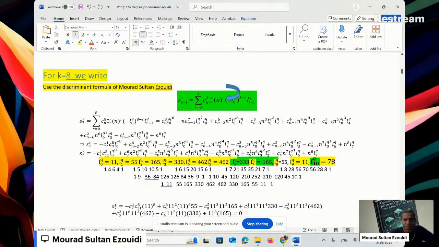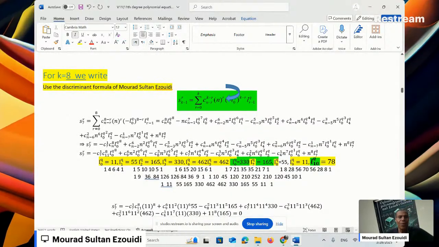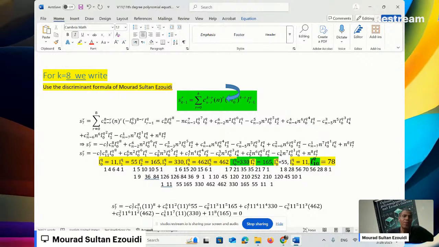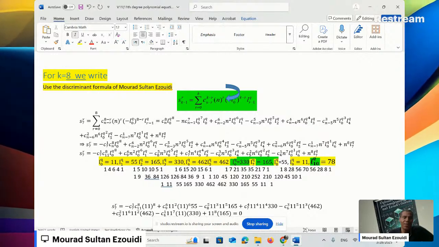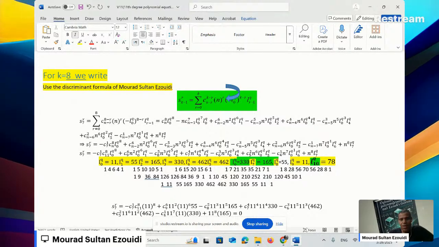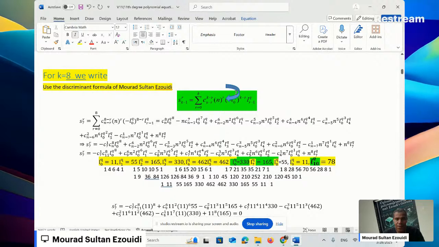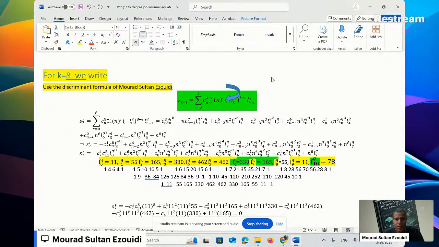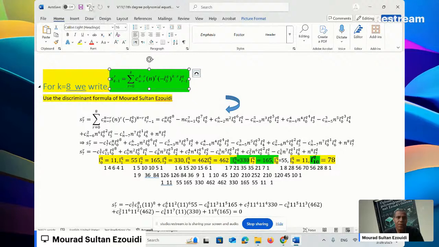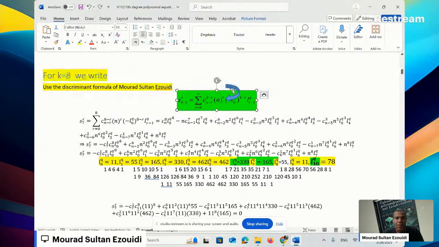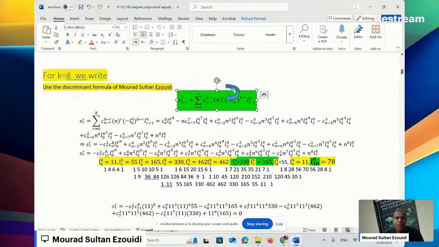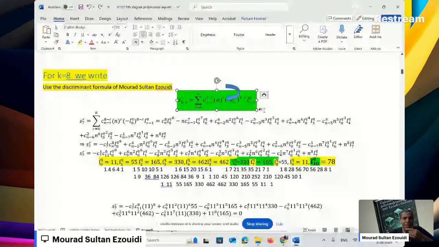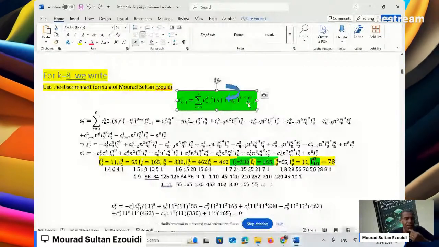Here we want to find a7. To find a7, my kids, you should use the Ezouidi theorem, labeled as the discriminant formula of Mourad Sultan Ezouidi, which is equal to a subscript k minus 1 for the r, the sum from 0 to k, combination n minus r, and minus L0 for the q raised to the power k minus r times L subscript r minus 1 for the q.